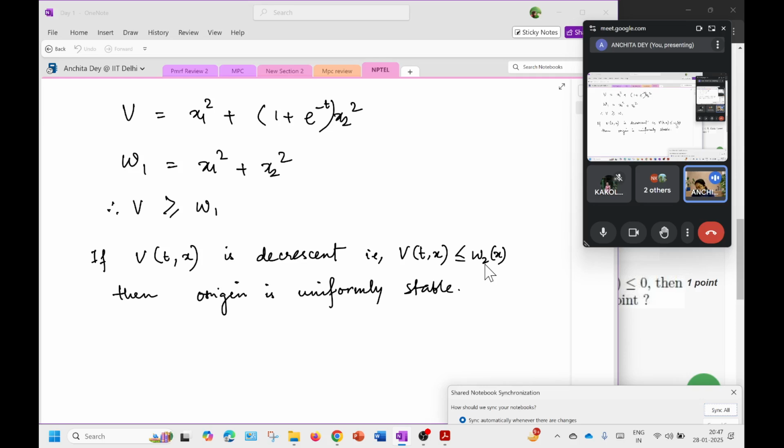So this is an added condition. Further, right? It is further. If this is true, then the origin is uniformly stable. Further, if W1, I think, is radially unbounded, let me write this condition.